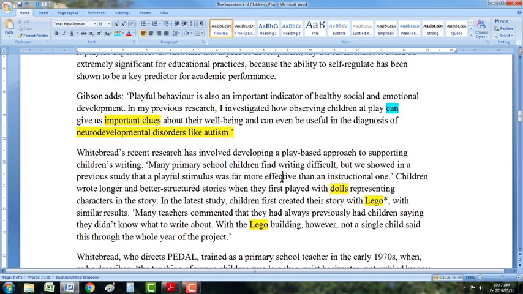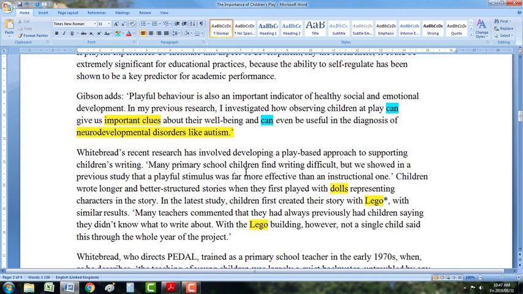So the way a child plays, observing children at play, can give us information. Or there's another, may provide information about possible medical problems in the diagnosis of neurodevelopmental disorders. Wow, again, really difficult because they've really paraphrased this a lot.